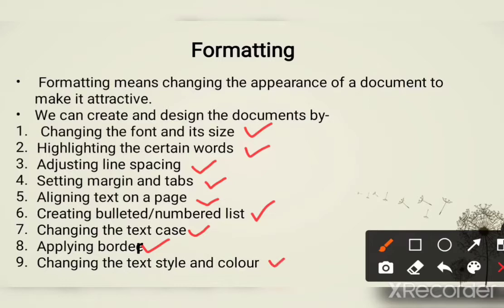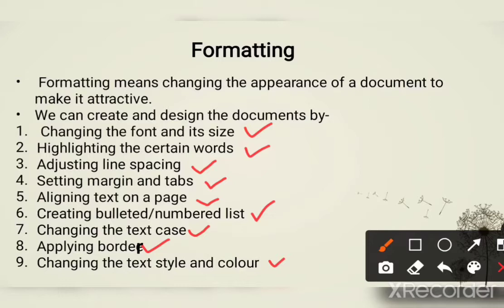So, all these changes are combinedly referred to as formatting. Whether you change the font, whether you change the line spacing or the border or the color of the text, all these things are referred to as formatting.